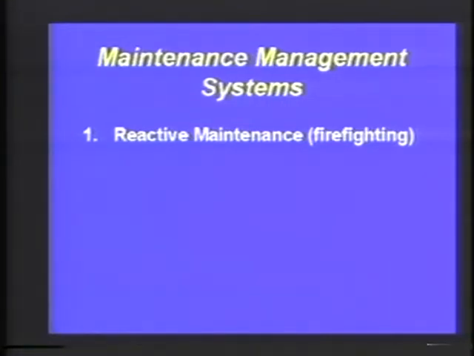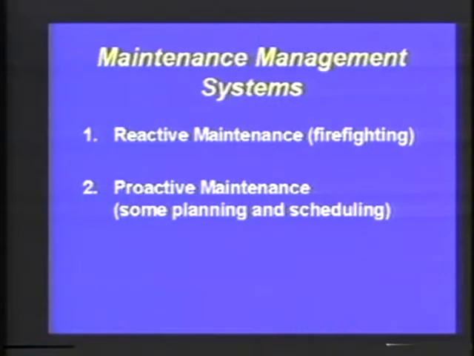Now, as I go through these different maintenance management programs, I want you to rank where you are relative to these 6 different programs. And the key is for you to migrate all the way to the 6th one, which is really what I call world-class, but we'll talk about that in a moment.